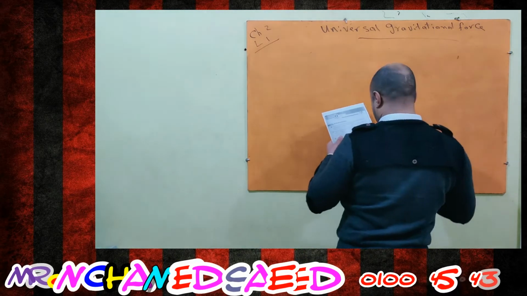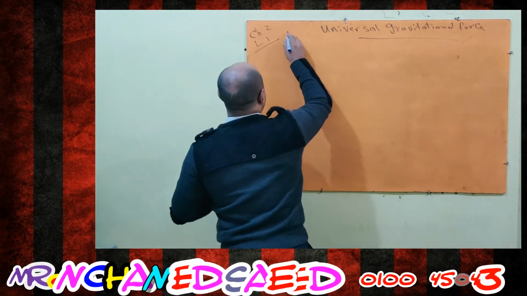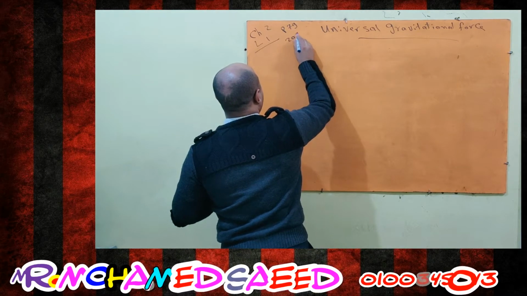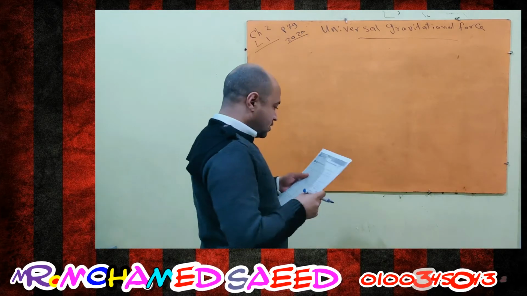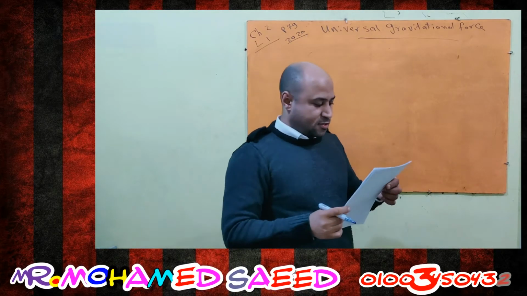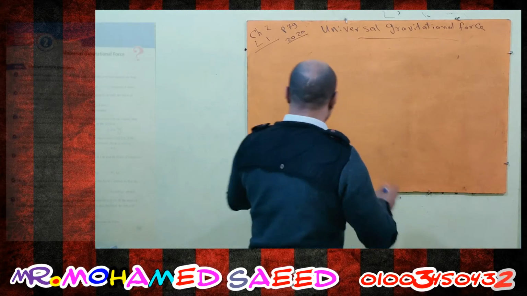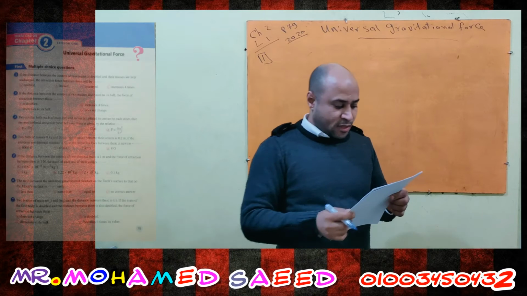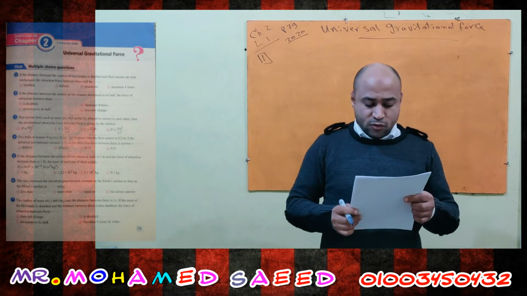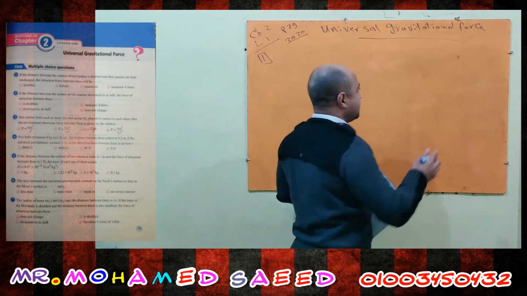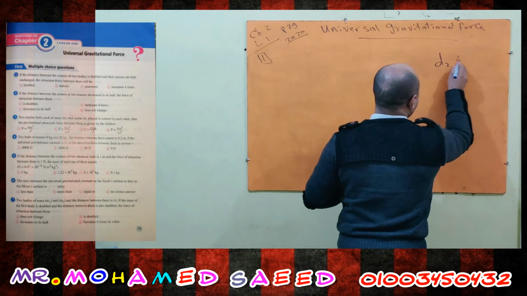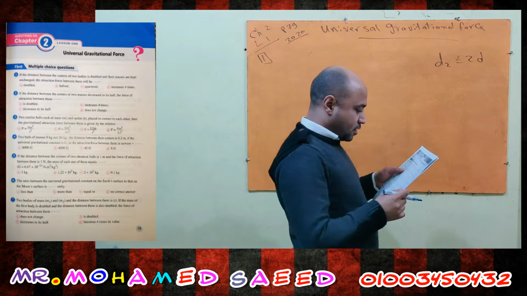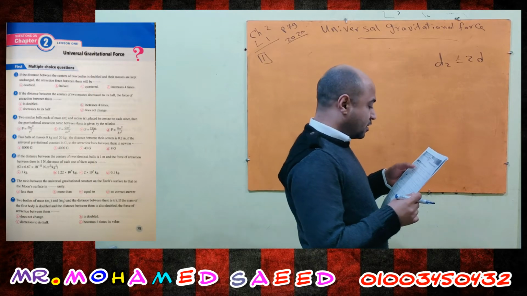Okay, page 79, version 2020. Multiple choice questions. Number 1: the question says that if the distance between the centers of two bodies is doubled, the new d equals 2d, and their masses are kept unchanging.